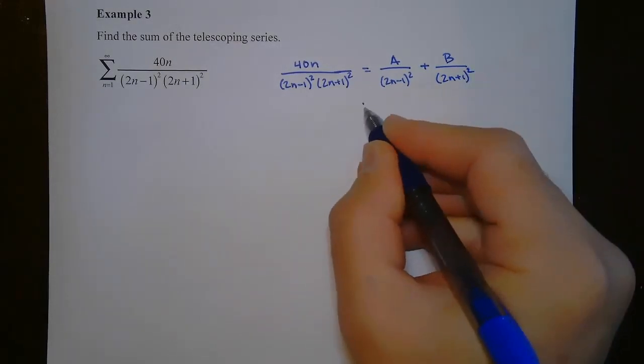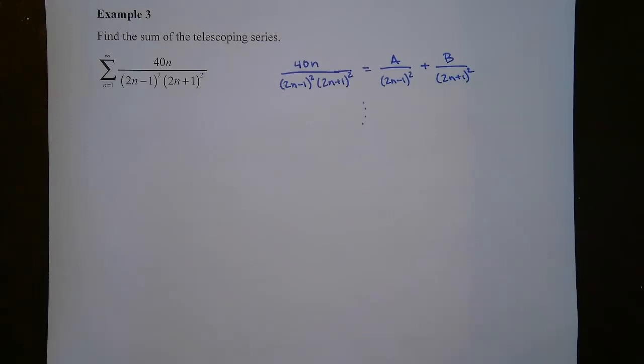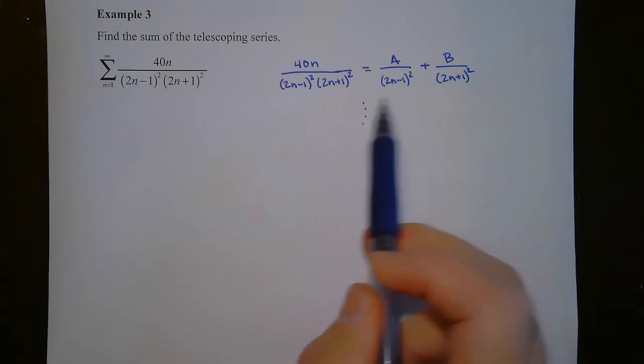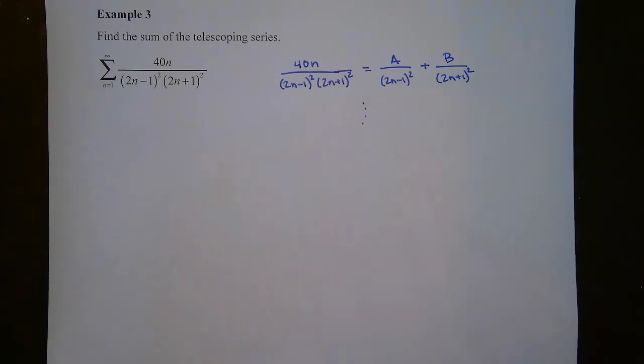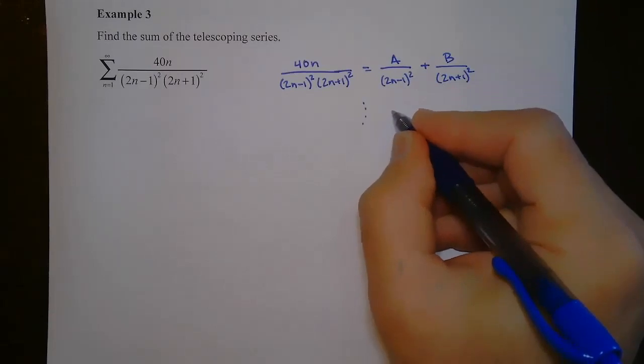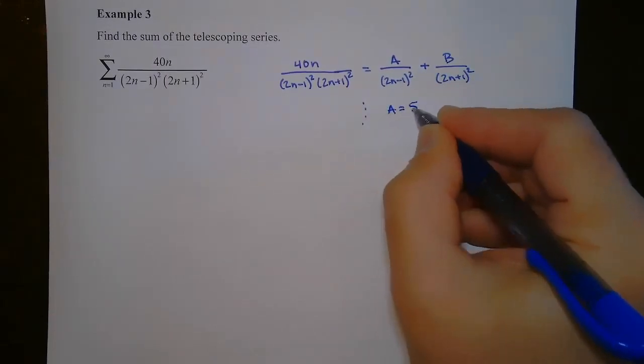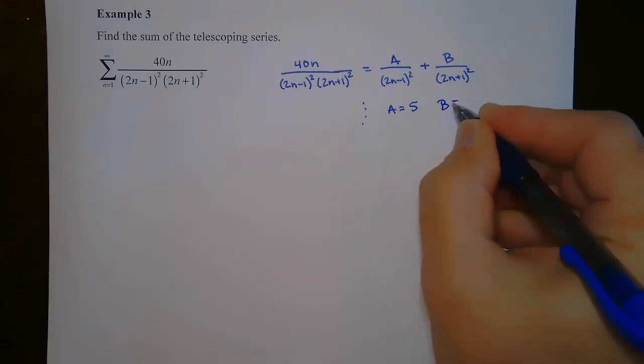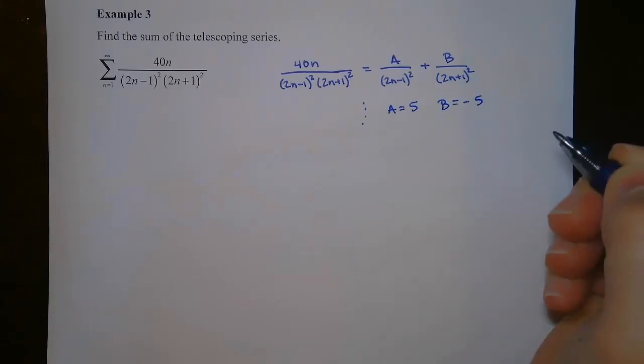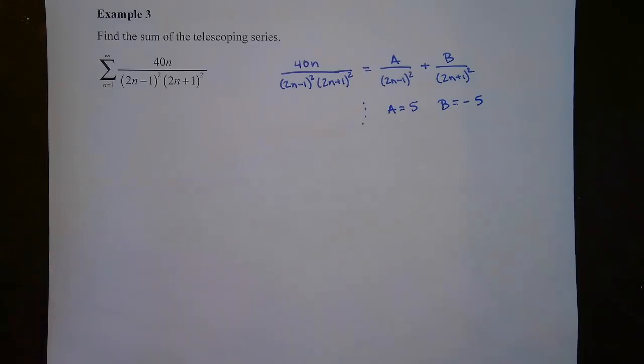Then we would work this out. You multiply to clear out your denominators, and then you pick a value of n that would cause one of them to cancel and become 0. When you do this, you would wind up with a equal to 5 and b equal to -5. So that's what would happen.